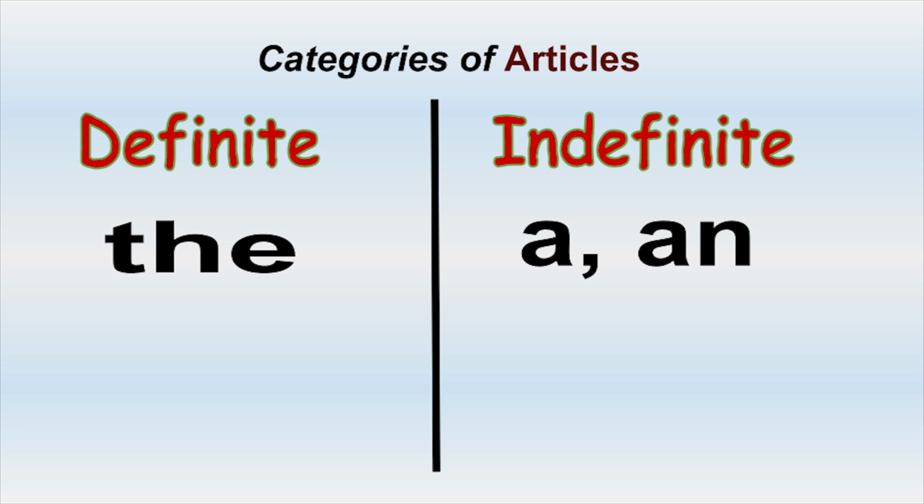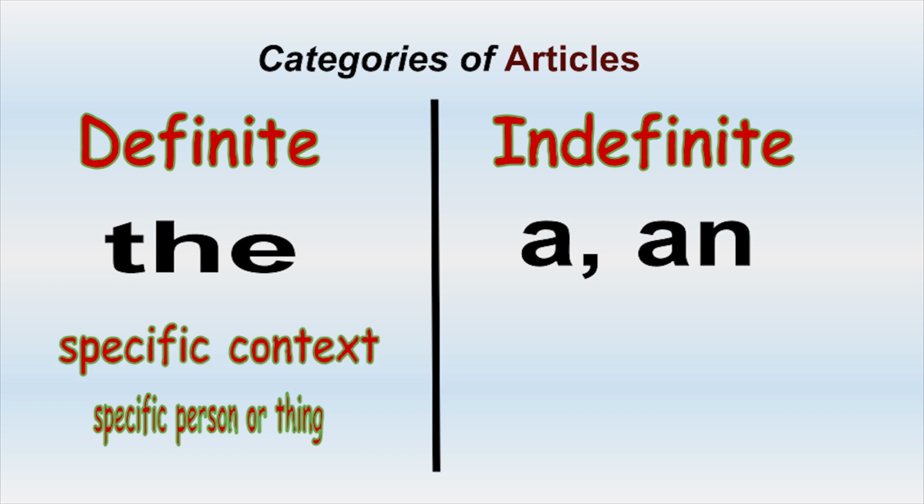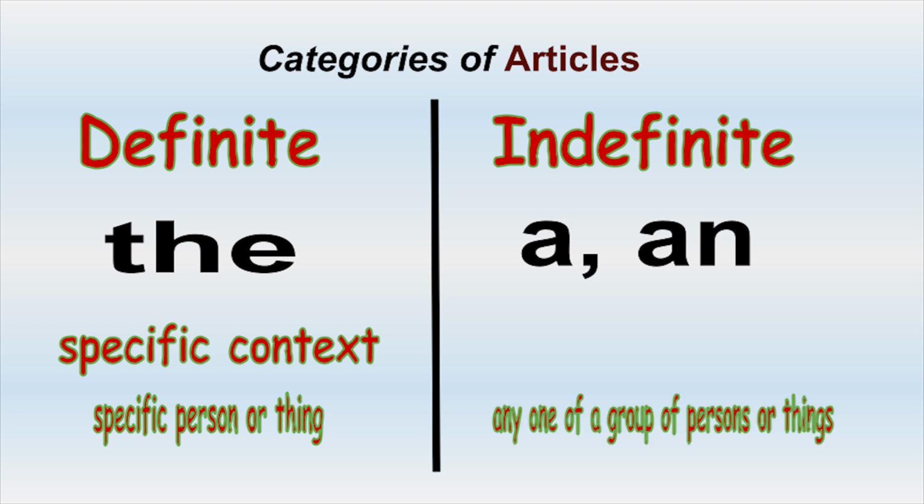Definite article the is used to refer to a specific person or thing. It is used in a specific context, and indefinite articles a and an are used to refer to any one of a group of persons or things. They are not specific and are used in a general context.